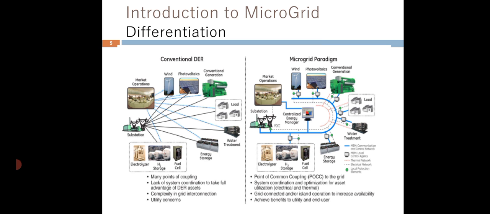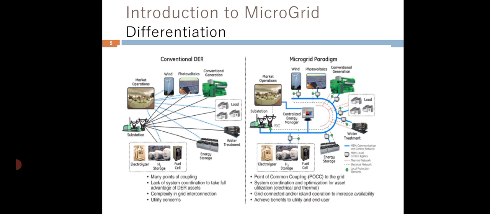Introduction to a microgrid: the differentiator. In the conventional DER paradigm, there are many points of coupling, a lack of system coordination to take full advantage of DER assets, and complexity in grid interconnection with the utility.